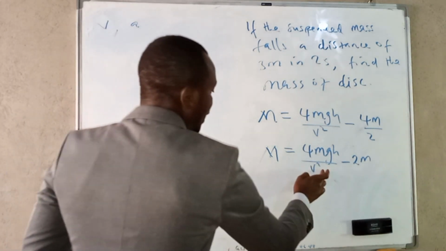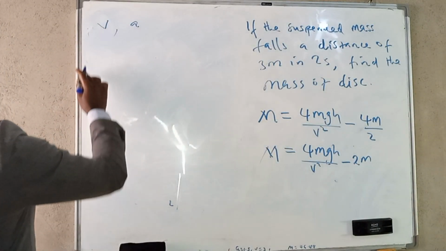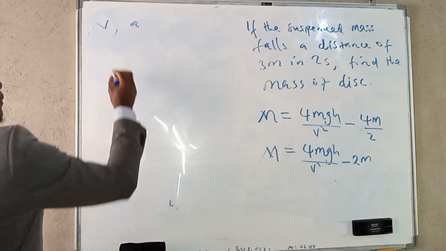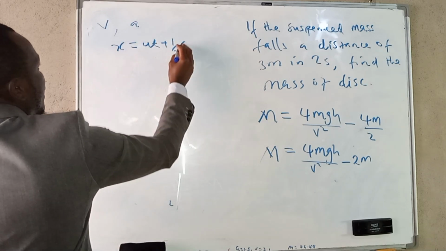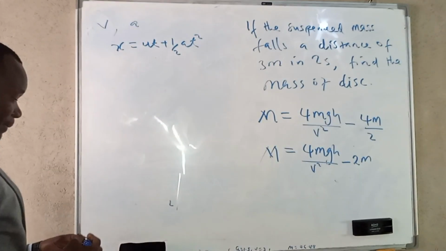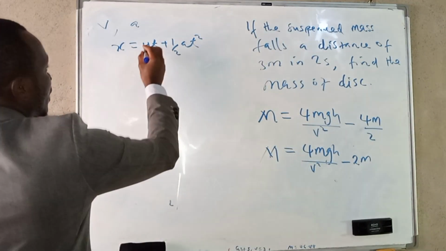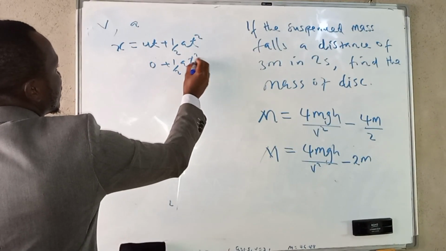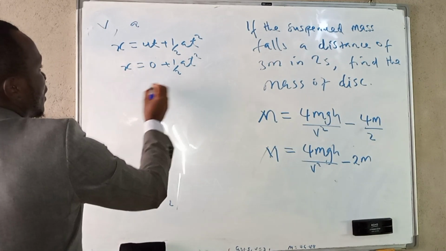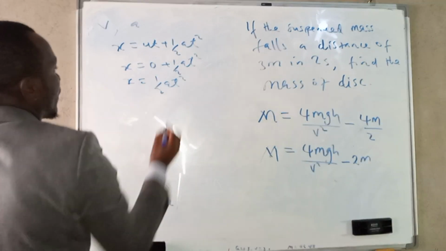So we know from the equations of motion that x is equal to ut plus half a t squared. Since the body is coming from rest, u is 0, so x is equal to half a t squared.